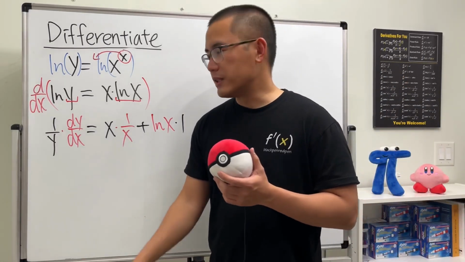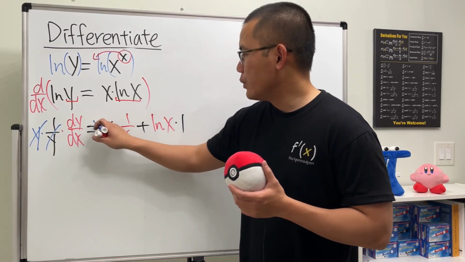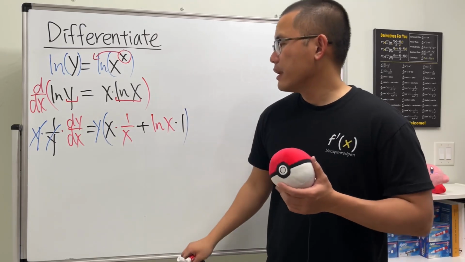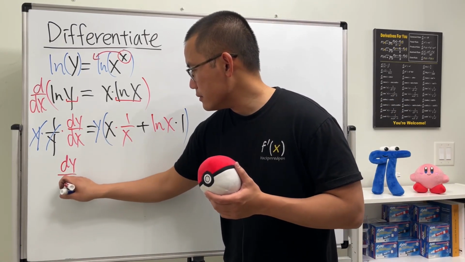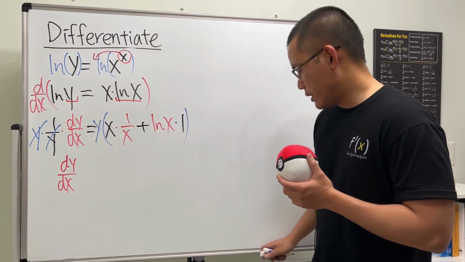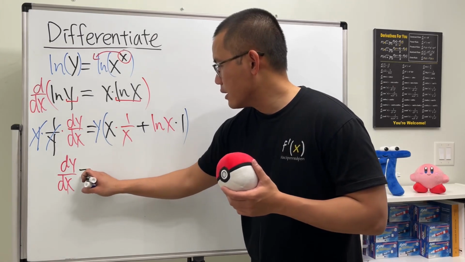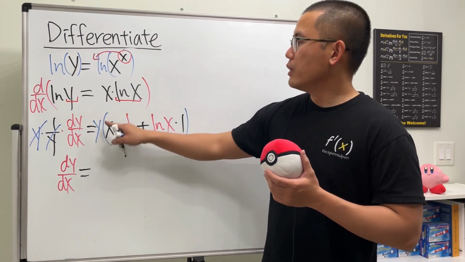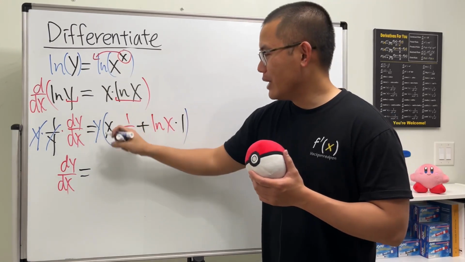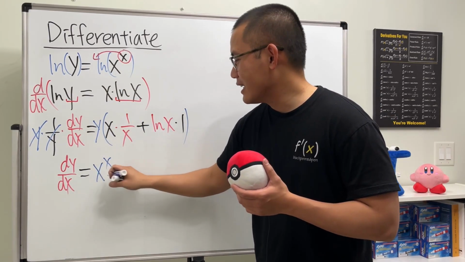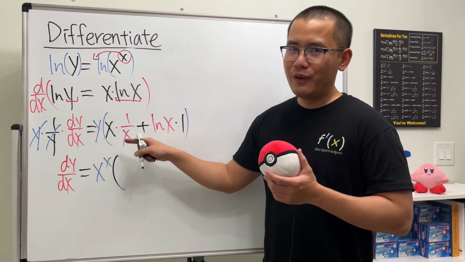Okay, you know the deal. We will multiply by y here so that this and that will cancel. And we'll multiply by y here, and we see that we get the dy/dx here. And this right here will be equal to, what's y though? Go back to here. y is equal to x to the x power. So we are going to replace that right here: x to the x power, and then multiply it with x times 1 over x, which is just 1.